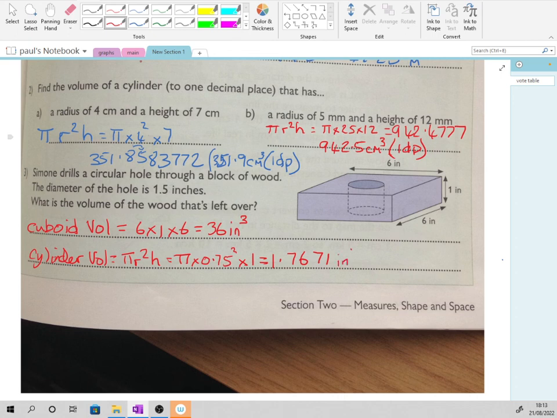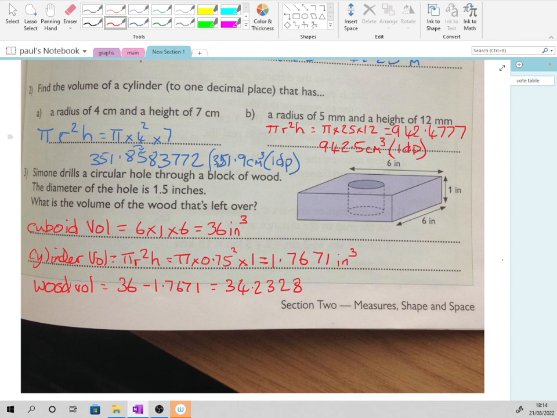inches cubed. Now the volume of the wood which is left, so the wood volume now is going to be 36, take away 1.7671. Remember that number's still in the calculator, so we're just going to do 36 minus the answer equals 34.2328.